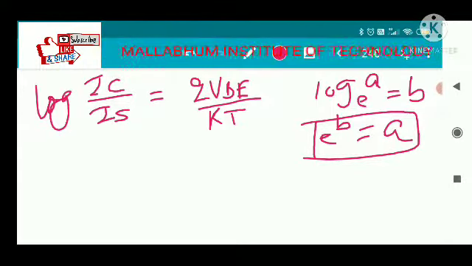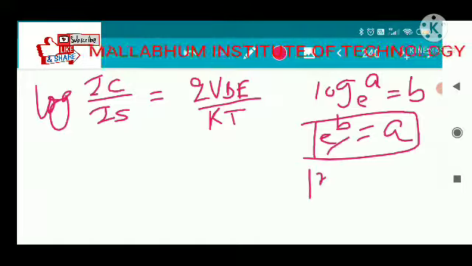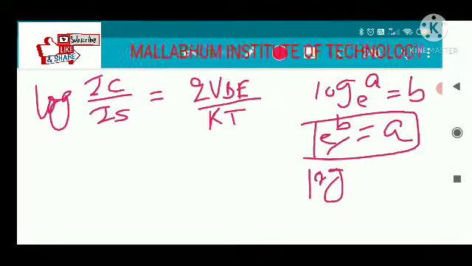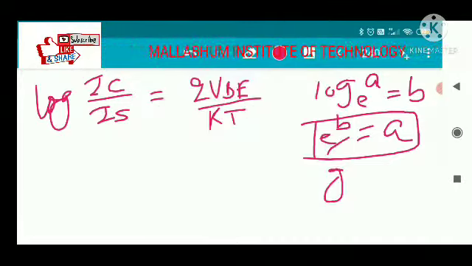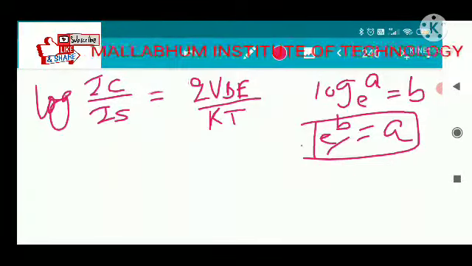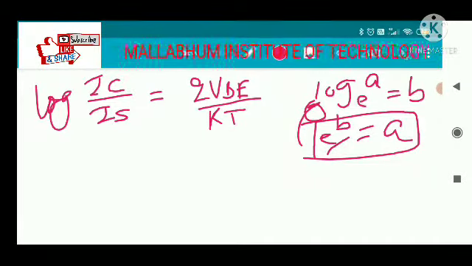We just take log on both sides of this equation, and then this becomes B equal to this. This is the procedure we have followed here.